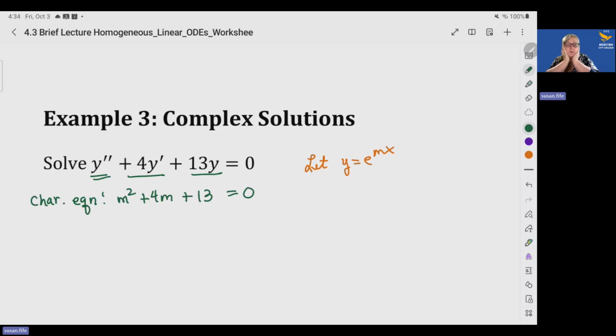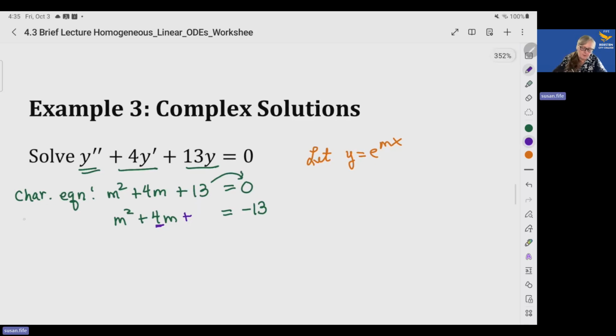So m squared plus 4m plus 13 does not factor. Because I have m squared plus 4m, I'm going to go ahead and solve by completing the square. I'll bring that 13 to the right side, and then I'll complete the square by taking half of 4, which you could do off to the side if you want, and then squaring the result.